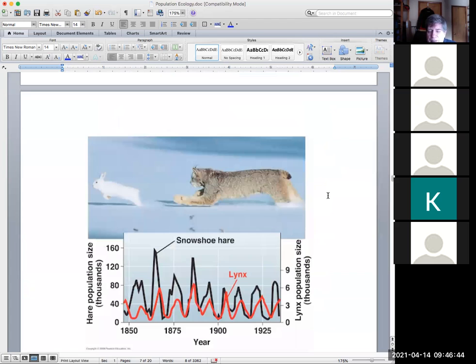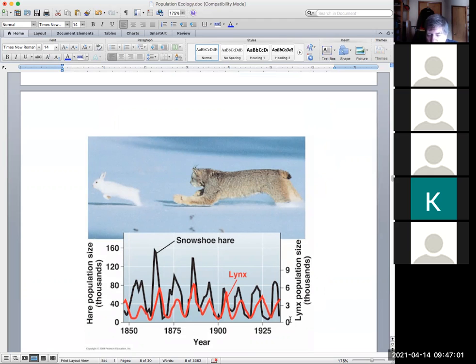And then a third possibility is something like we see with snowshoe hares and lynxes. Lynxes are cats. One of the main things they feed on is snowshoe hares.